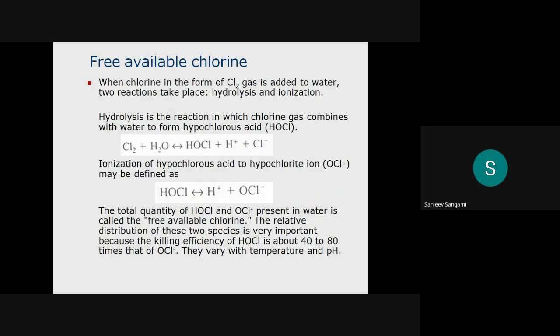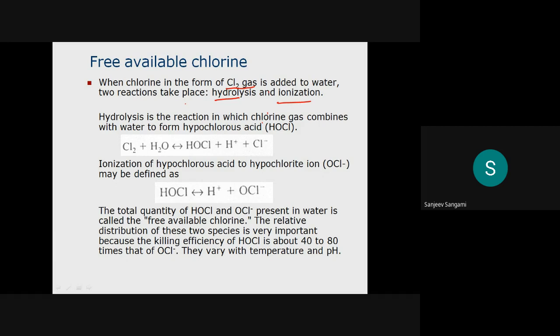Free available chlorine. When chlorine in the form of chlorine gas is added to the water, two reactions take place: hydrolysis and ionization. What is this hydrolysis reaction?